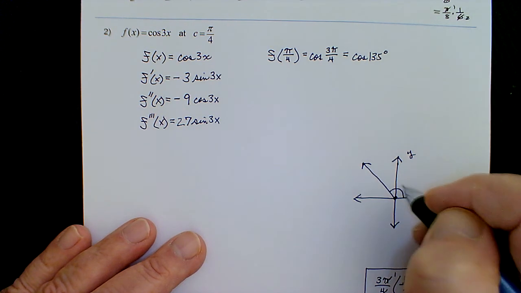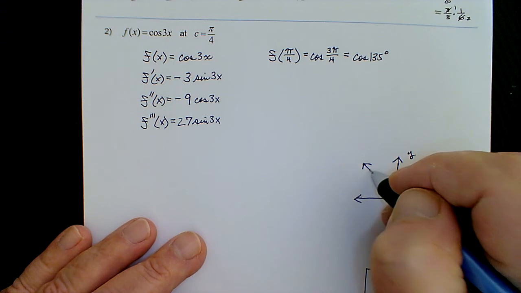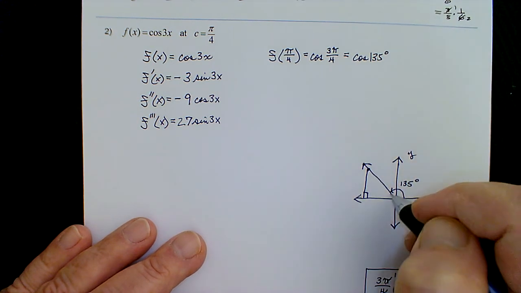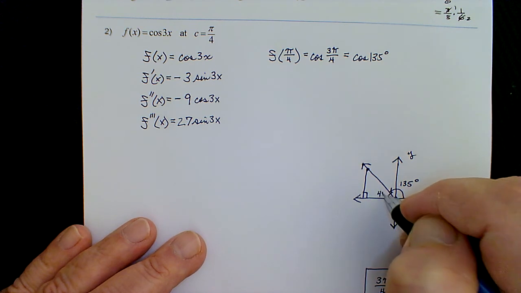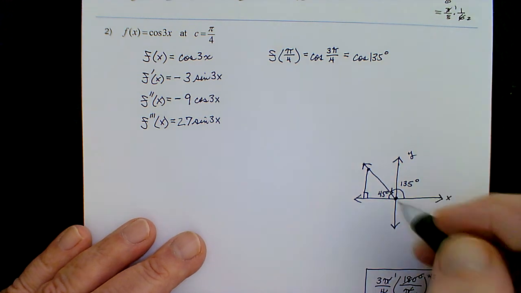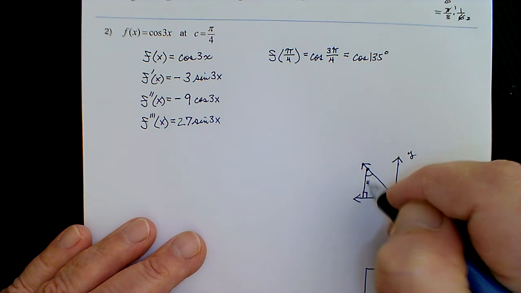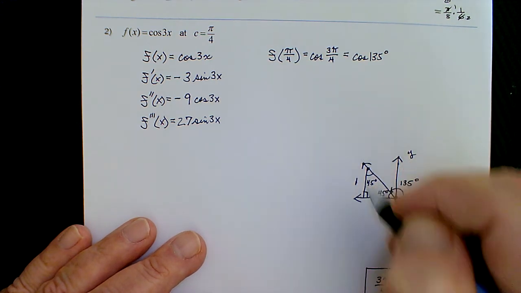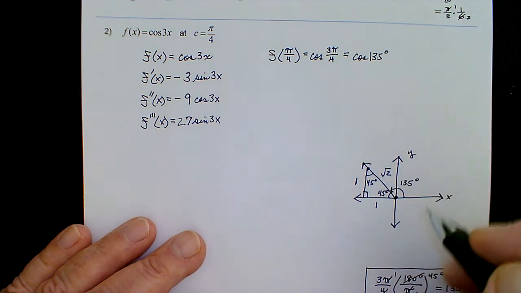So there's the angle of 135 degrees. Pick a point, drop a perpendicular, always to the x-axis. That creates our reference triangle, right triangle. And this angle must be 45, and then similarly this angle must be 45. And the relationship in a 45, 45, 90 is 1, 1, and the square root of 2 for the hypotenuse.